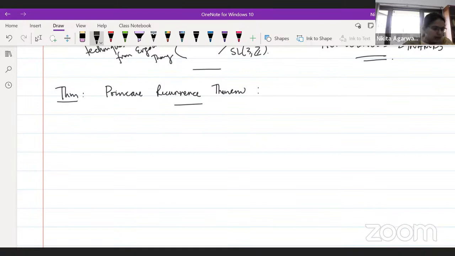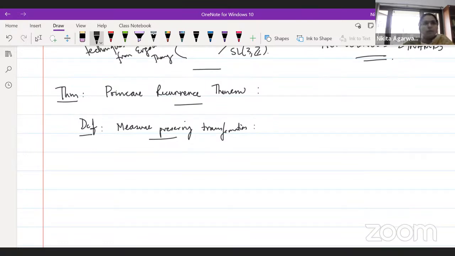And it requires a concept. So let me first define what is a measure preserving transformation. Those of you who have not taken a course in measure theory, it's okay.